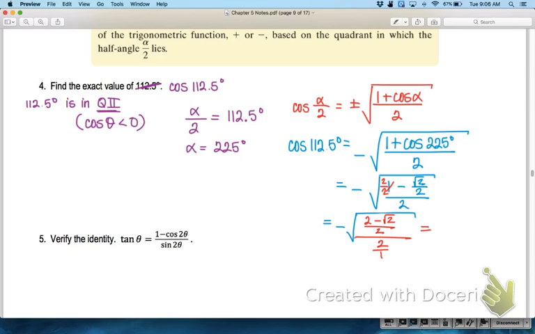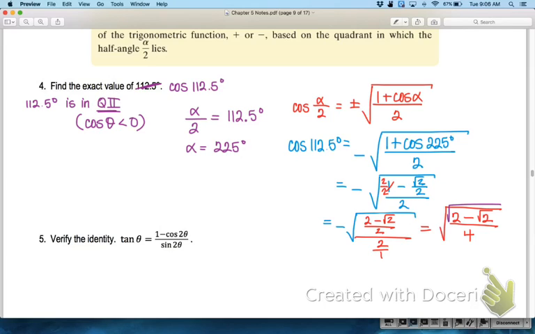So we end up with the square root of 2 minus the square root of 2, all over 4, which we would need to rationalize, except what? Yeah, the square root of 4 is 2.